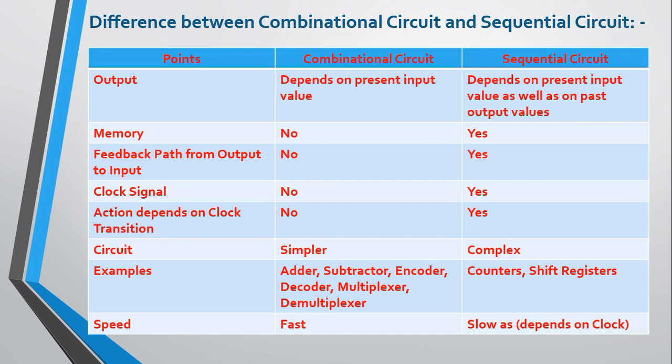That means it depends on the present input value as well as the past output value, because at the time of output of flip-flop, that cable we have passed as an input of sequential circuit. Let me share the block diagram of both combinational circuit as well as sequential circuit, so that you can easily understand the given points over here.